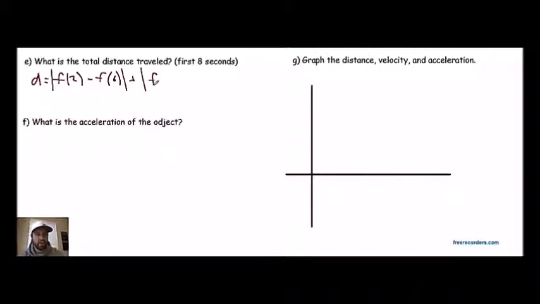So you've got f of 6, because that's when we're moving left, minus our f of 2, absolute value again. And then we're moving back towards the right from f of 6 towards f of 8, just for the first 8 seconds. So f of 8 minus our f of 6.